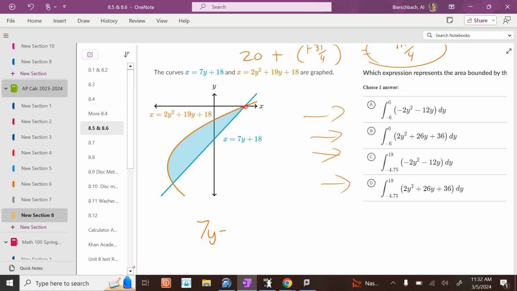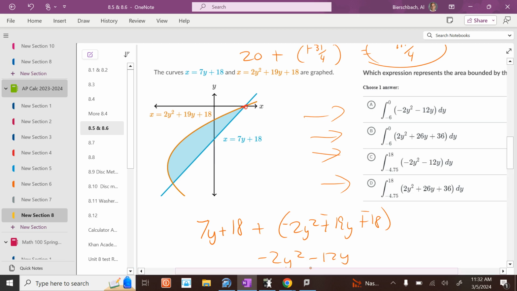It's 7y plus 18 minus 2y squared plus 19y plus 18. If we distribute the negative sign, you get -2y squared. 7 plus a -19 is -12y. 18 minus 18 cancels. So it's 2y squared minus 12y. So it's either A or C.